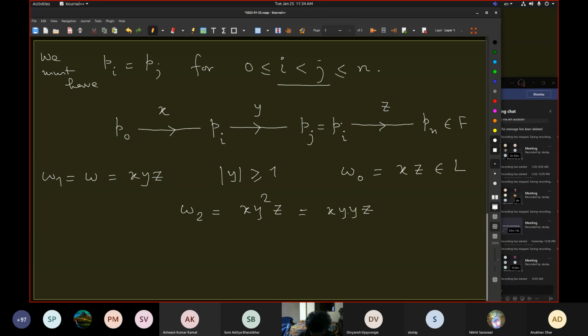After these two y's are read, it reads here. Then it encounters the final substring z. It will eventually end up in Pn, which is the final state. So W2 is also in L. Any confusion?